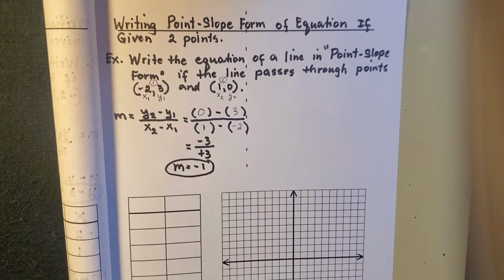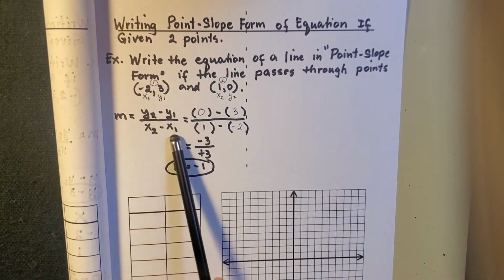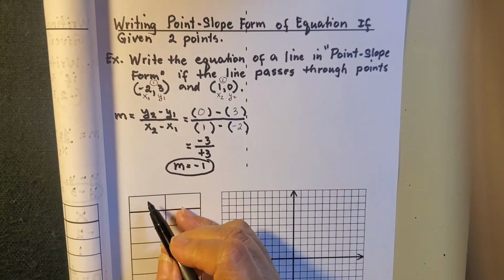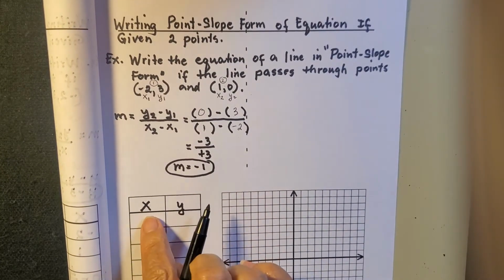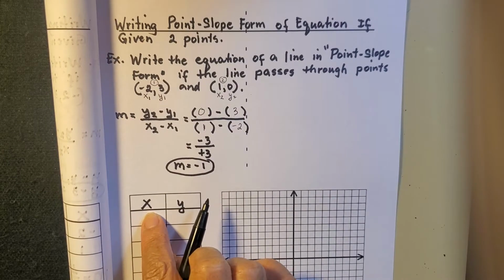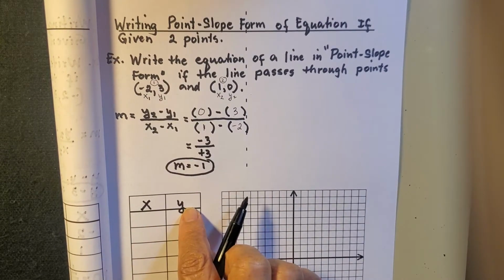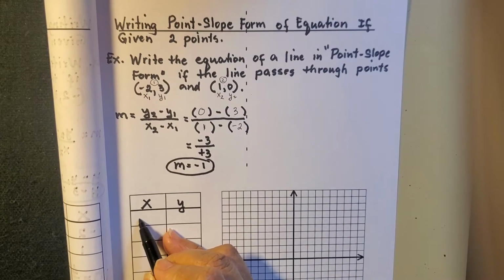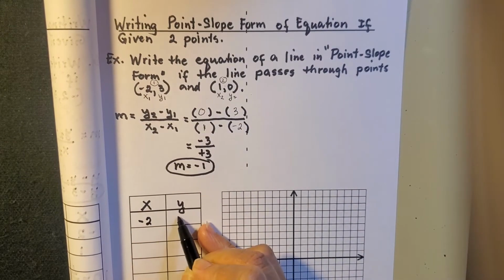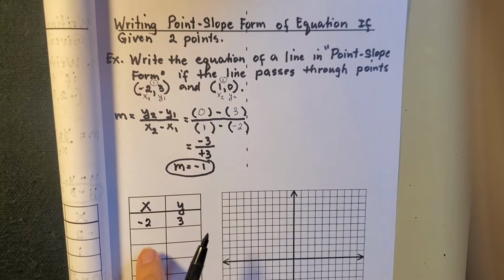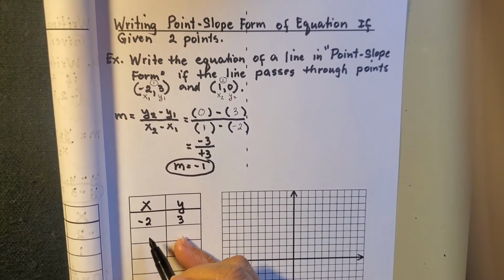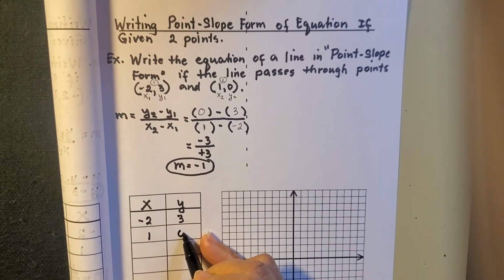If you are confused by this formula, I can put it in a table of values. The first column is always your x. The second column is y. I put the numbers here, negative 2, 3. This is 1 point, and I have the other point, which is 1, 0.